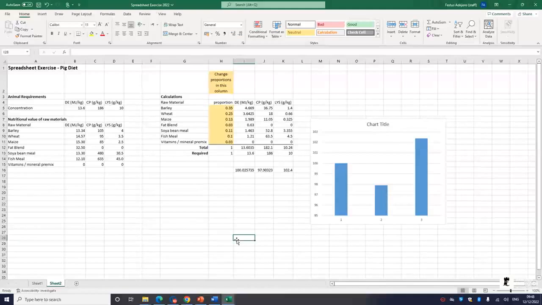Let us compare another scenario where we have protein 105 and energy 95. What do you think will happen? Maybe let me just manipulate these figures here.